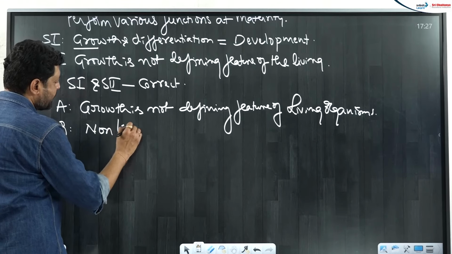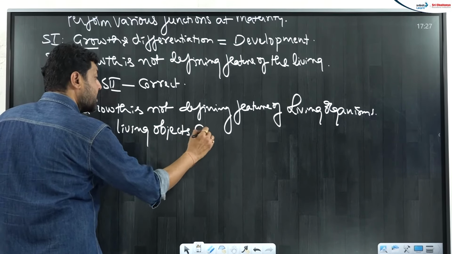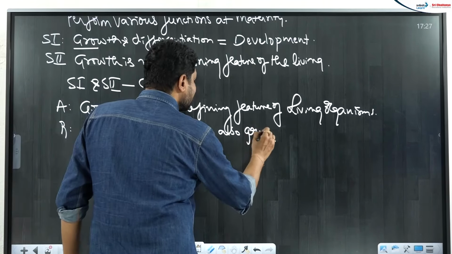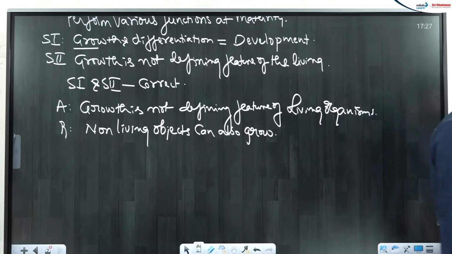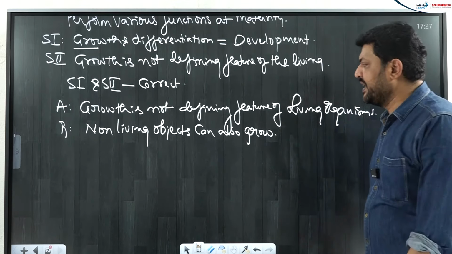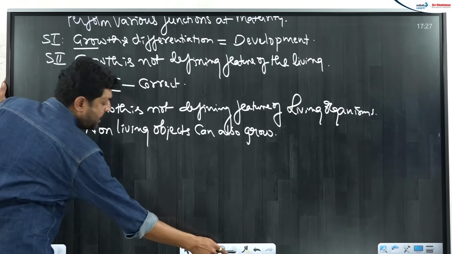Non-living objects can also grow. Students, please write down carefully in the notebooks. Non-living organisms can also grow. That is why growth is not defining feature of the living organisms. Was it clear?